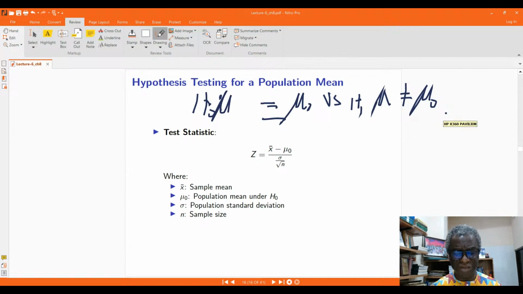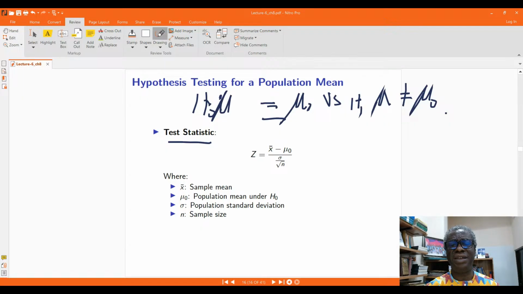The third step is where we are now, which is the test statistic. For this hypothesis regarding a population mean, the test statistic is the Z, the standard normal Z statistic.